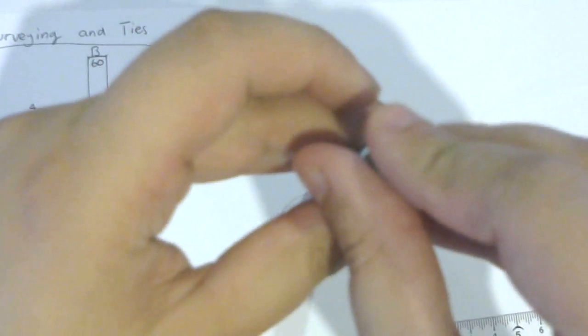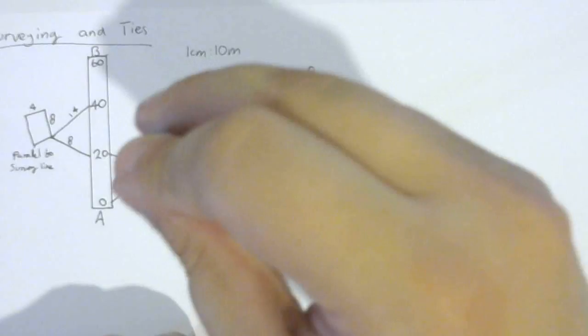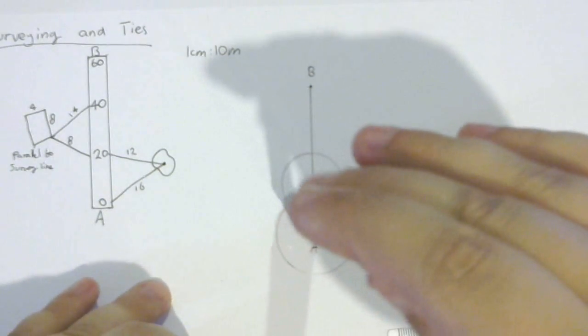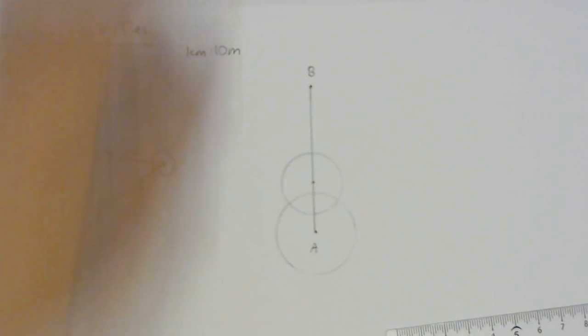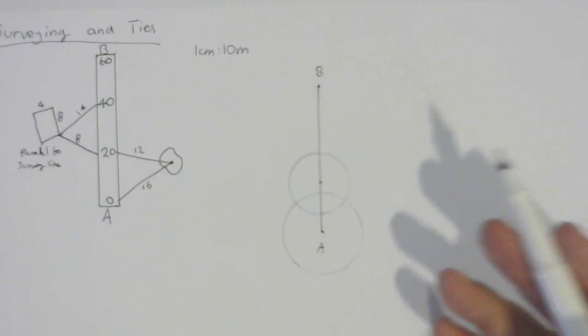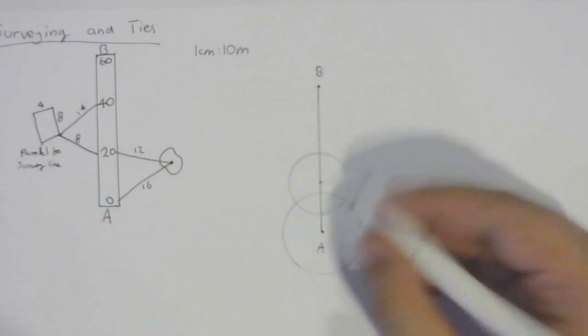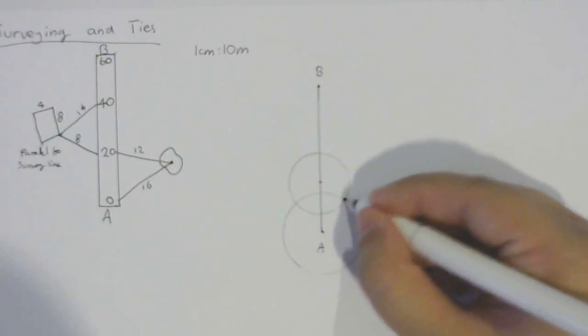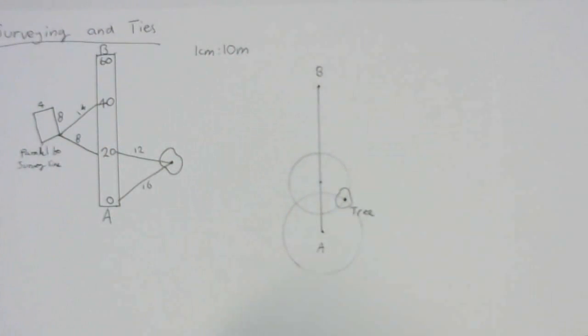And again, I'm going to put the point down where we're measuring, and then use the pencil to draw the circle. And where they cross over, that's where the tree is. Our field notes obviously show the tree on the right, so we're going to pick this right crossover point. There is our tree.